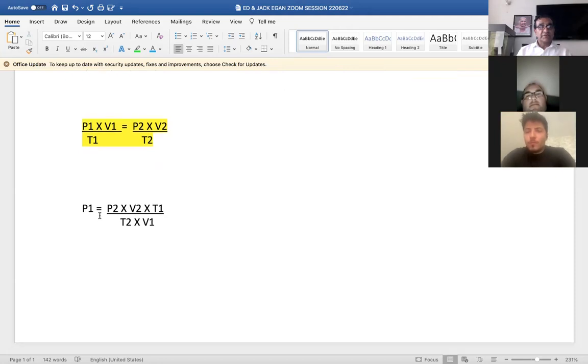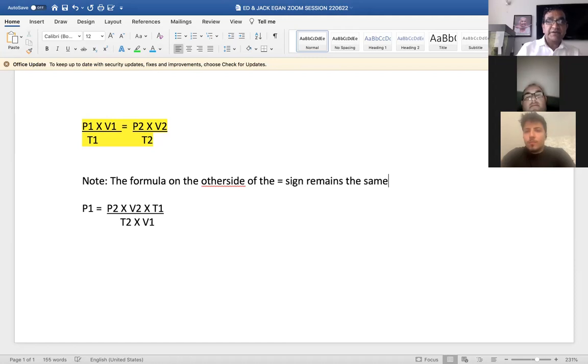I think what we need to remember is that note: the formula on the other side of the equal sign remains the same. That's first and foremost.